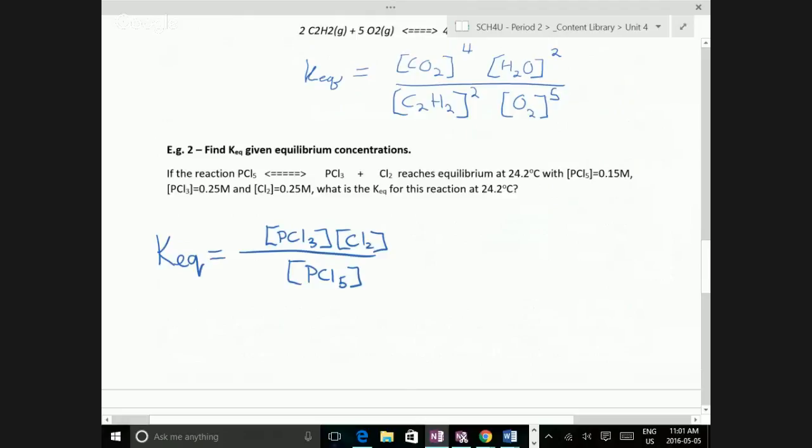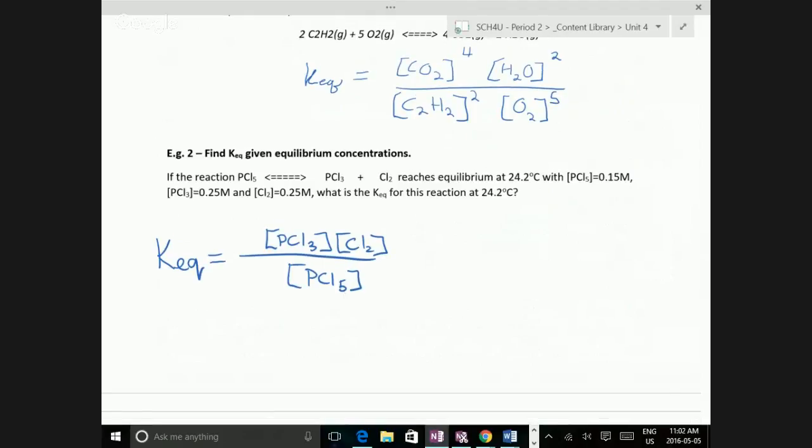Cool, yeah. Now, I want to mention specifically that it mentions the temperature. Is the temperature involved in this calculation? No. But I mentioned the temperature because the KEQ will change if we change the temperature. So I've mentioned it specifically here to say that all of this happens at 24.2.